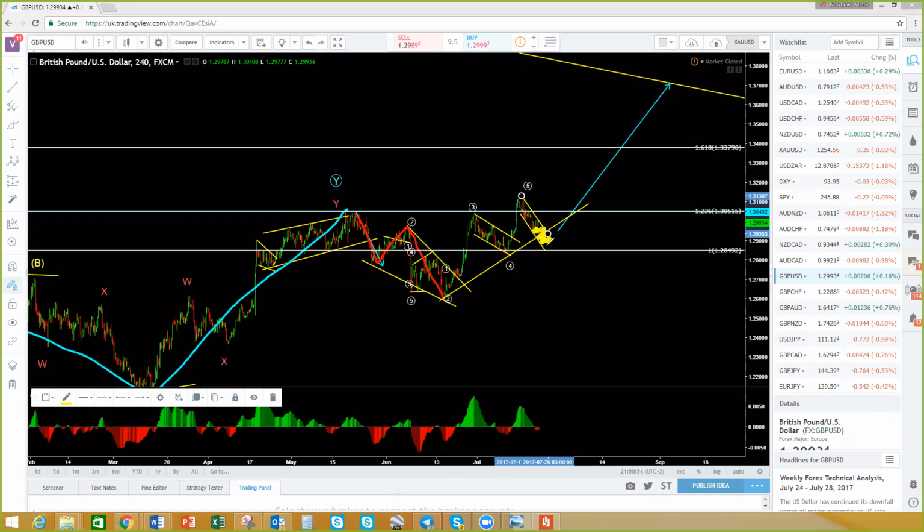This correction can be a little bit deeper because we already have this zigzag. So this whole correction is correcting this part. And then this will go like this. So this one here can actually be a W, X, Y. Forget about this white labeling that I have here.